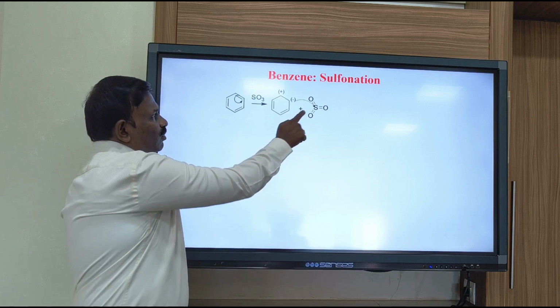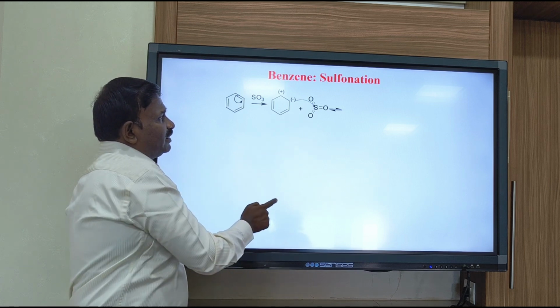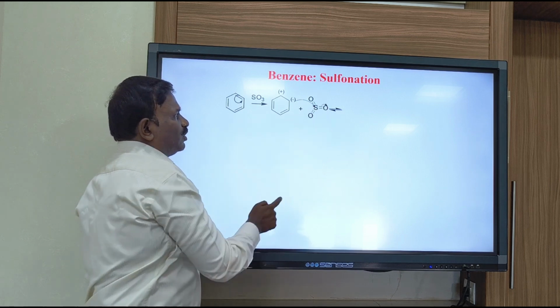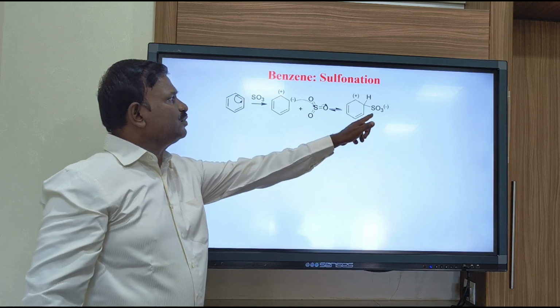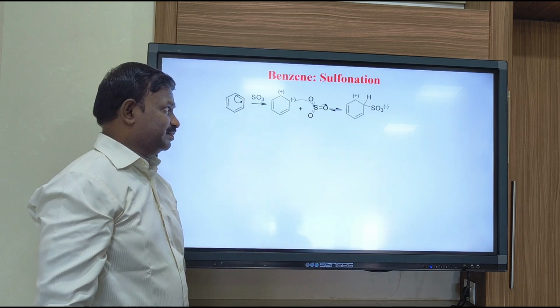These electrons attack the sulfur. It has to maintain its valency, so pi electrons move onto the oxygen and it forms SO3 minus, which gets attached to the benzene ring system.